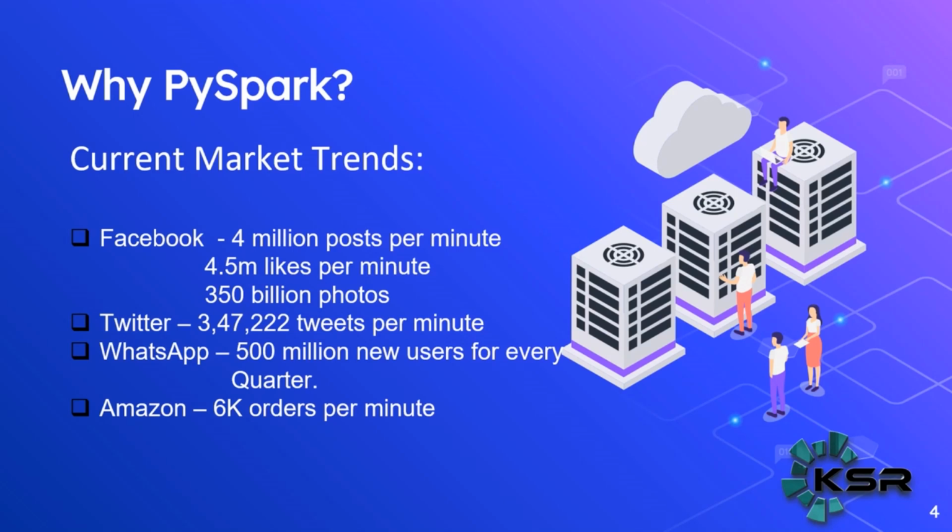Based on all these points, you will select whether to watch a movie or not, whether to purchase an online product or not. So all these parameters are very mandatory for their business growth.